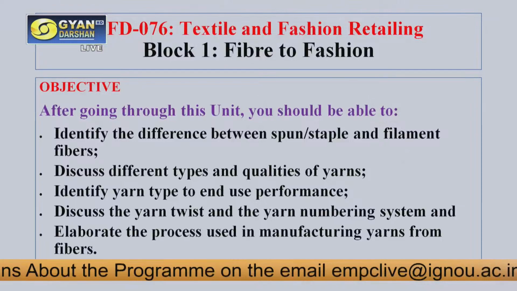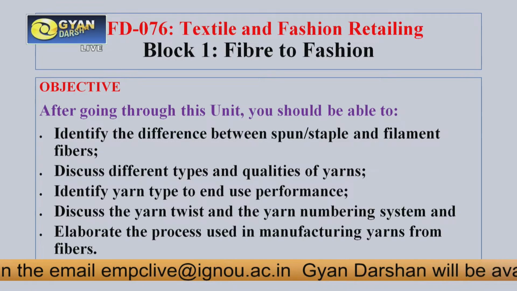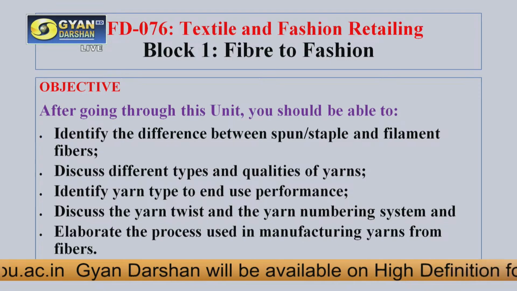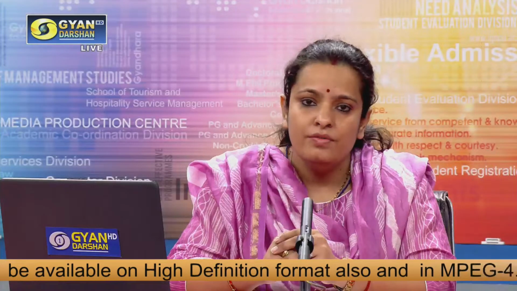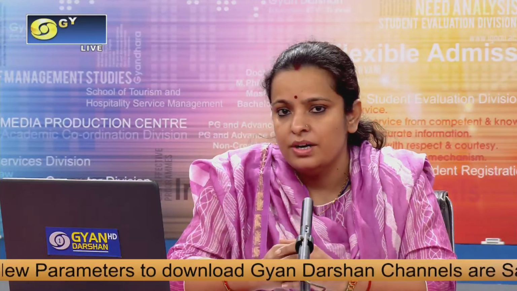And the yarn numbering system is very important, that you will be able to discuss after going through this unit, and you will be able to elaborate the process used in manufacturing yarns from the fiber. What are different manufacturing processes we can use for making a fabric using the different yarns, and how fiber is converted into yarn. So first of all, let us understand what is yarn.